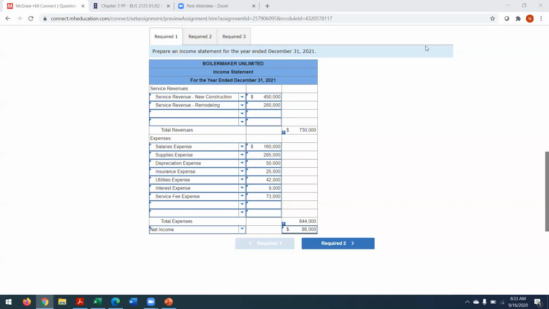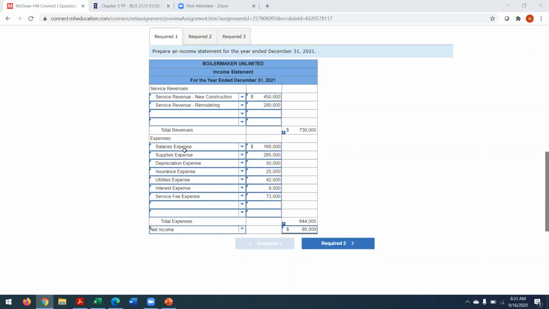So in this particular adjusted trial balance, we had two types of revenues. The new construction revenue of $450,000 and our service revenue remodeling of $280,000 for a total revenue of $730,000. Then we had 7 expenses. Now you know it's an expense because it's at the bottom of that adjusted trial balance, and they always have the word expense in them.